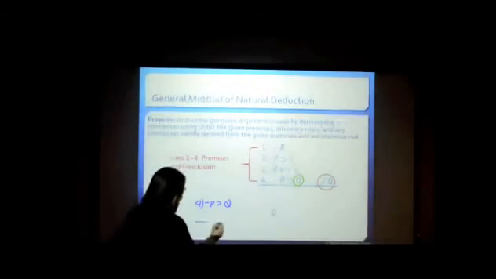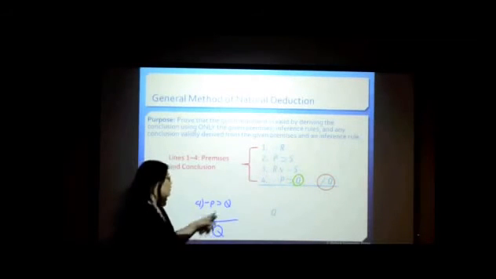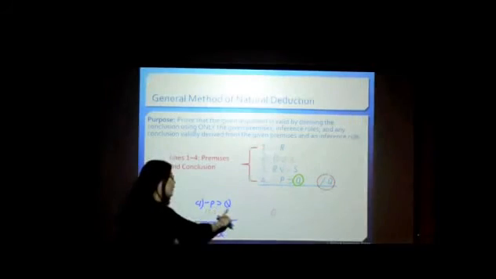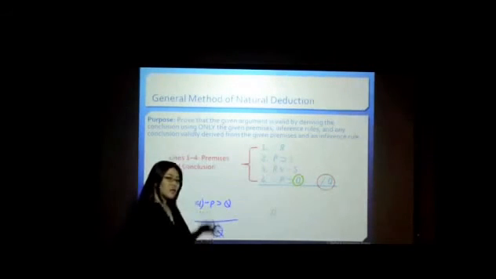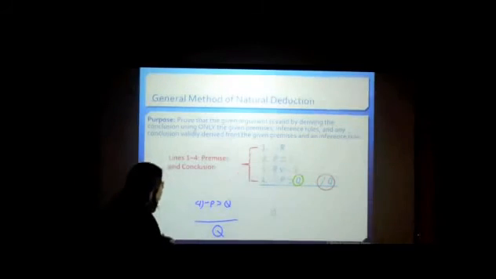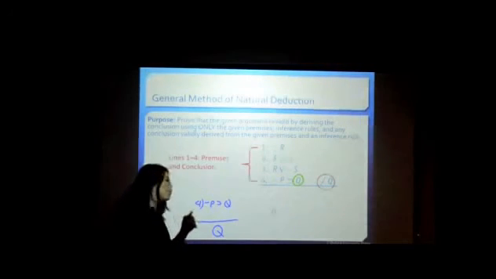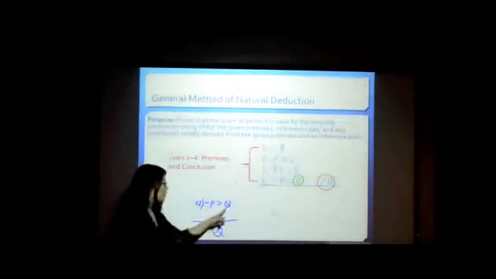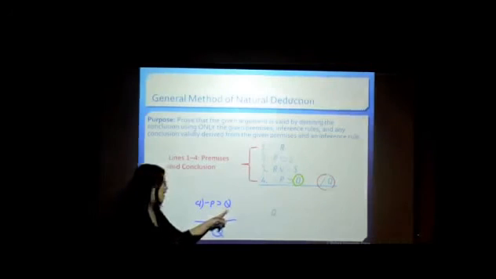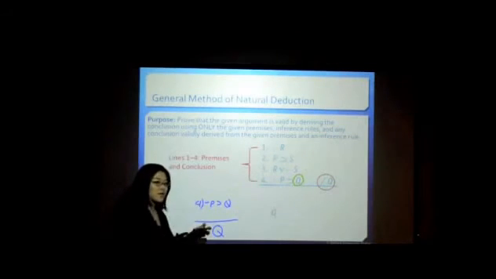So in order to get Q, is it possible for us to use this premise, along with some inference rule and some other premise, in order to get Q? Well, if you think about it, there's only one rule that will allow us to conclude the consequent of a conditional statement, which this Q is. And that rule is modus ponens, right?